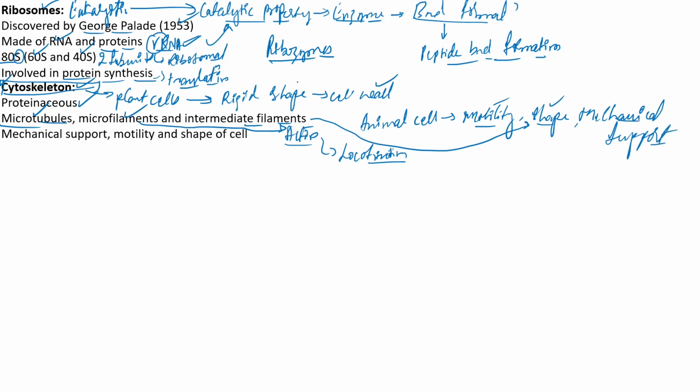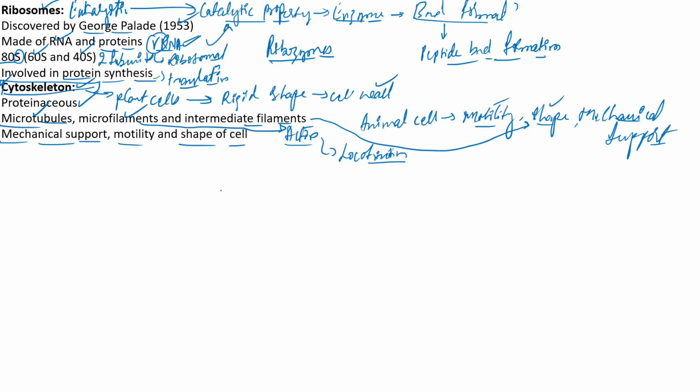Right, so we have mentioned the functions over here, that they provide the mechanical support, they provide the motility, and also they provide the shape to the cell. Okay, so this is what the cytoskeleton is mainly involved in. So we have made the points regarding the cytoskeleton clear.